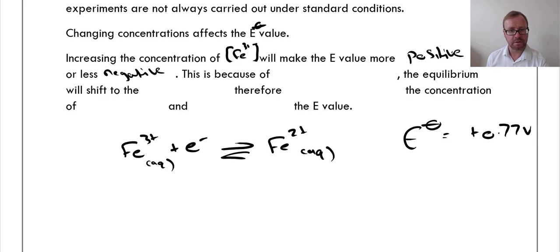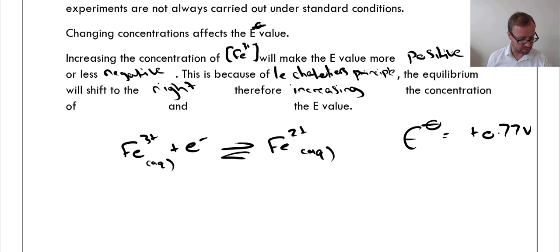This is because of Le Chatelier's principle, as the equilibrium will shift to the right, therefore increasing the concentration of Fe2 plus and increasing the E value.